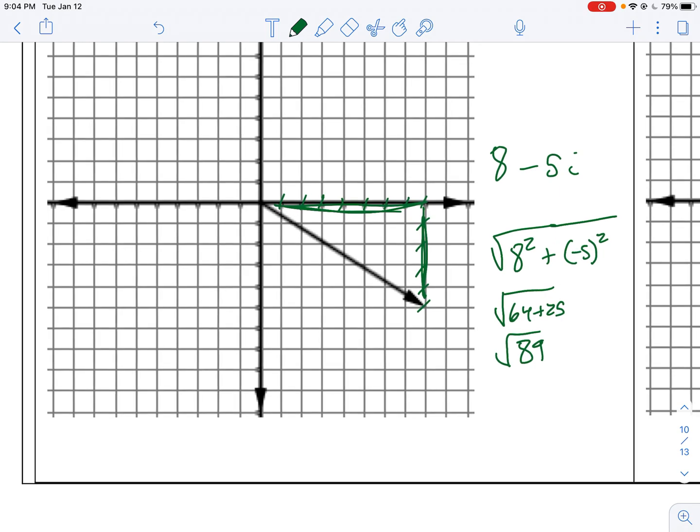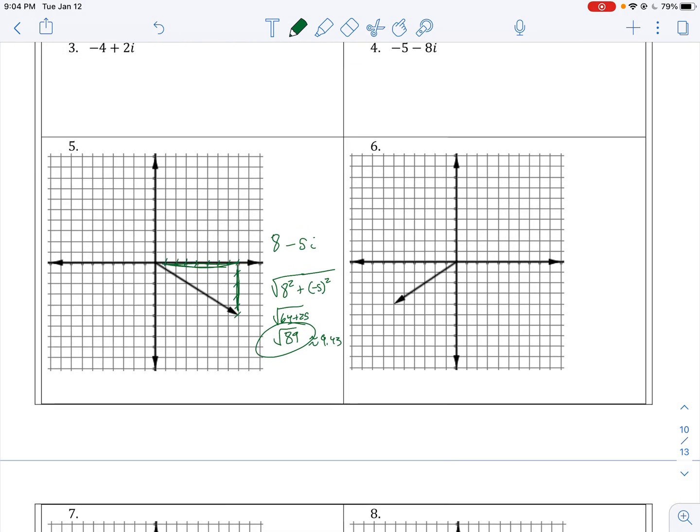It's probably prime. Yeah, the square root of that does not come out to be a nice number. It's approximately 9.43. But there's our exact answer. The distance is the square root of 89.